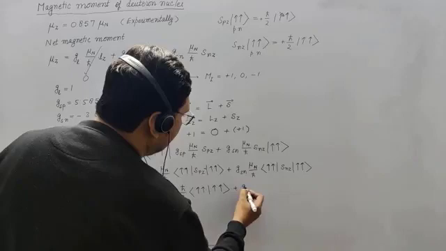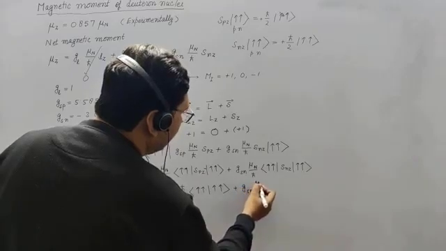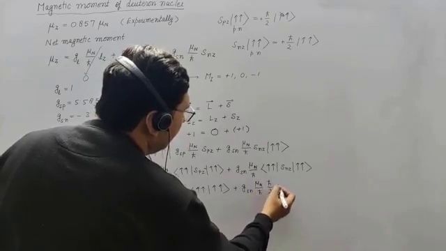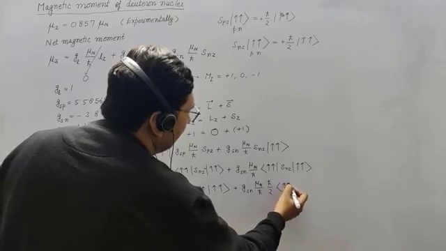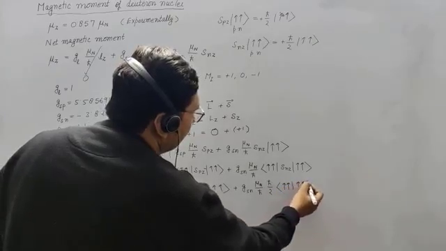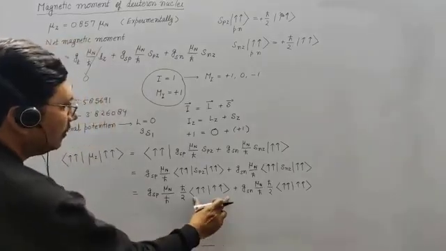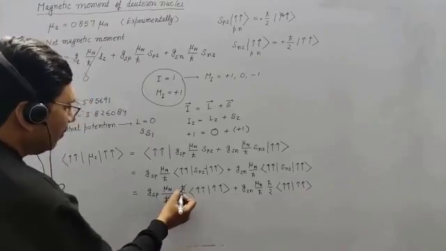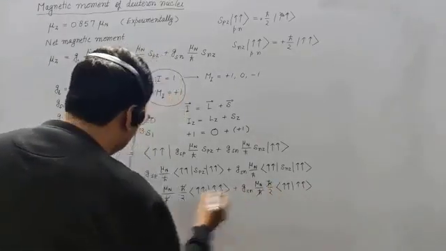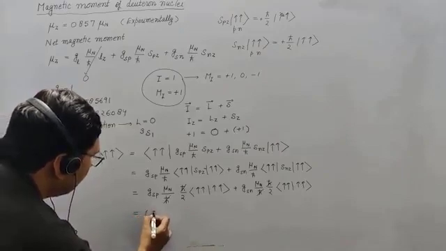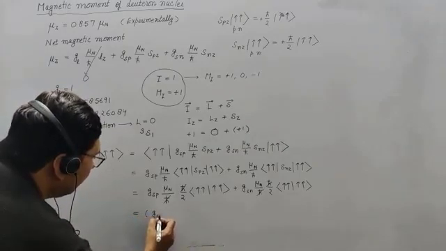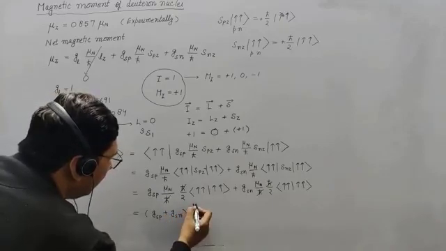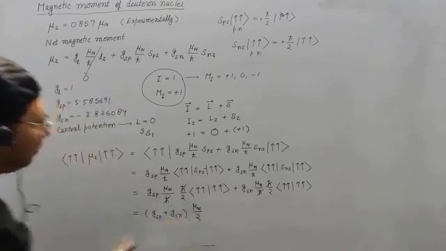Similarly here, this will be GSN mu n upon h cross, times h cross by 2, and again these bra-ket vectors, their value will be 1. If the eigenfunctions are normalized, this h cross will cancel out, and this will be GSP plus GSN, times mu n by 2.